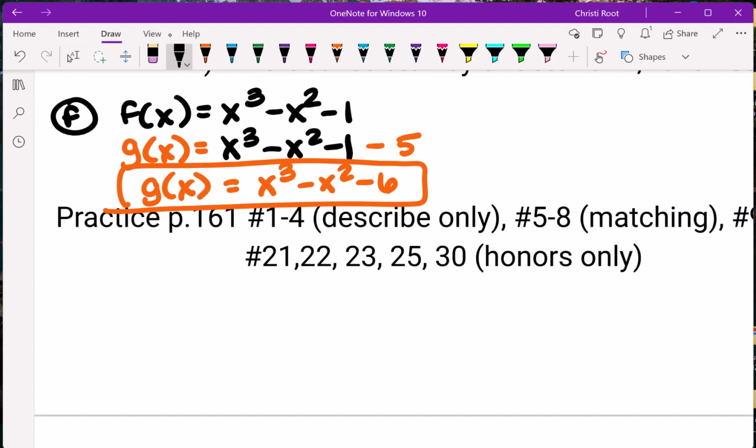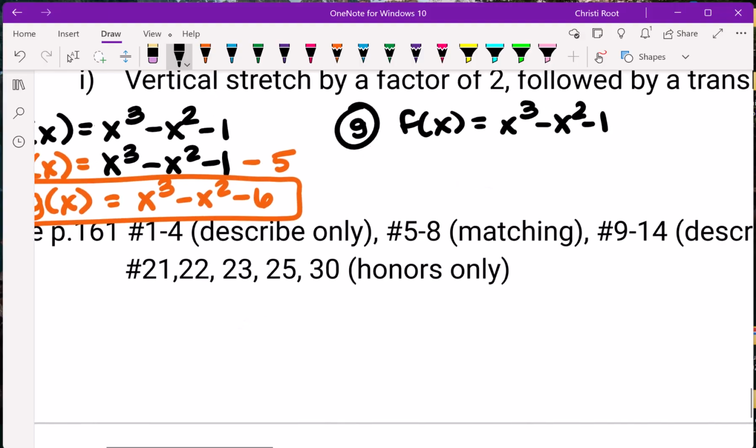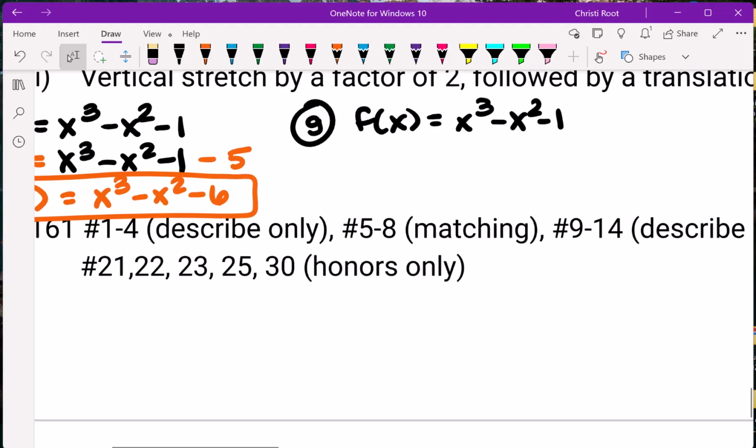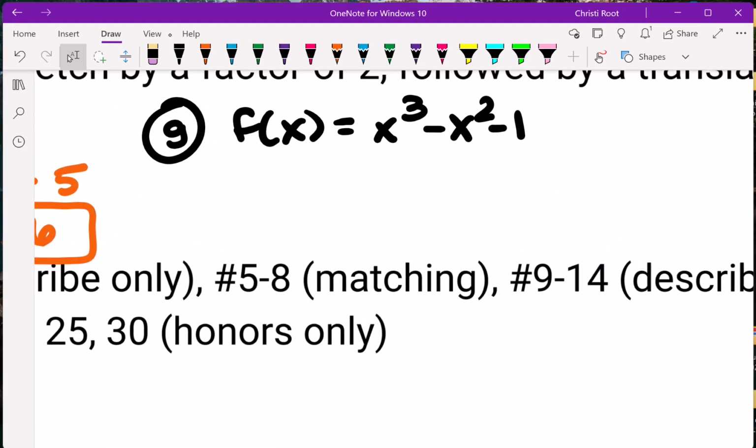Okay, last one, G. And I promise you did this in chapter 1 and chapter 2. You have to reflect it. It's telling you that they want you to write negative f of x. So you've got to multiply the function by -1. How do you do that?